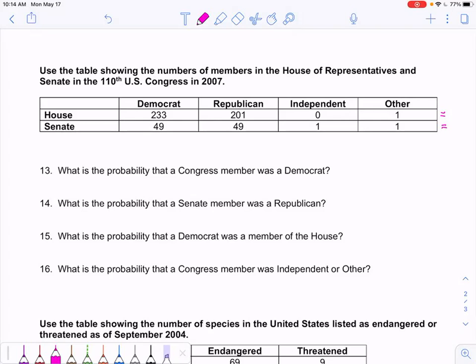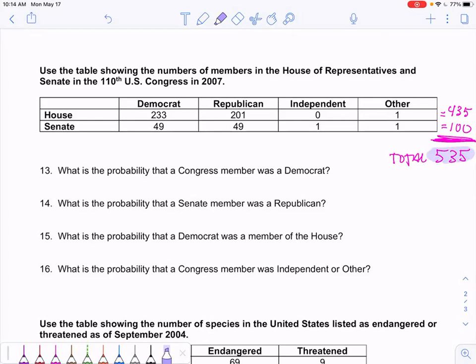If you add those all up, you'll get 435. The Senate, 49 plus 49 plus 1 plus 1. You add those up, you get 100. So your total is going to be 535.